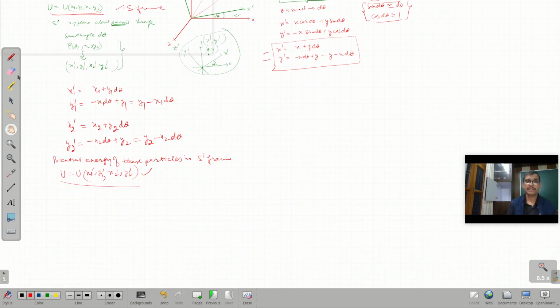What does it mean? That means this potential energy is independent of rotation of the coordinate system.